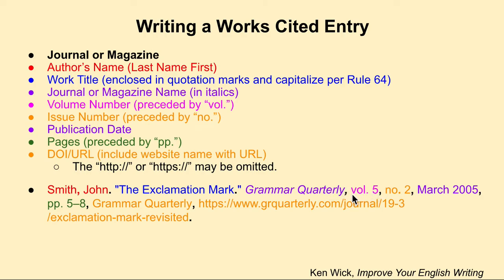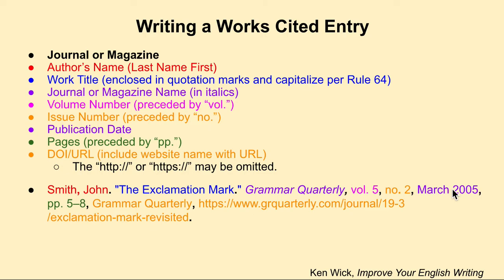Now comes the volume. So here you have volume 5, comma, number 2, which is the issue number, comma. Then the publication date of March 2005, because journals and magazines are usually published on a monthly basis. Or this could be fall 2005, then you write fall 2005. Some journals only publish four times a year, and they may have spring, winter, fall, summer.